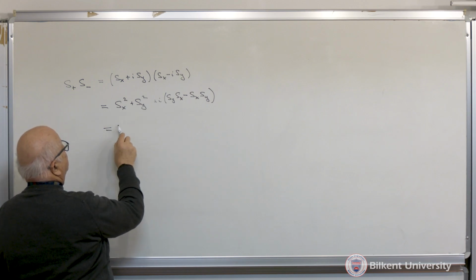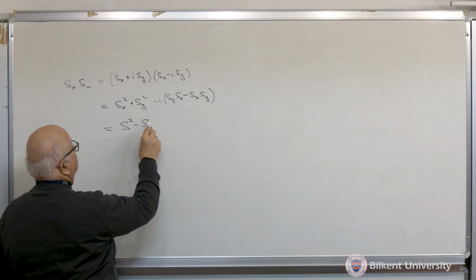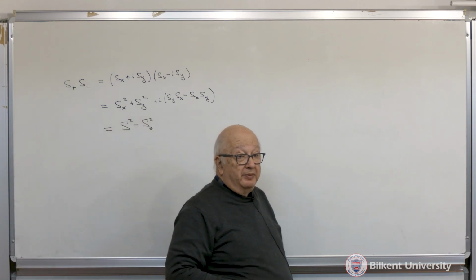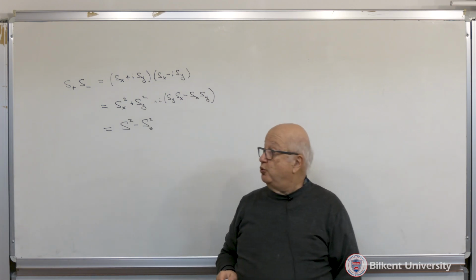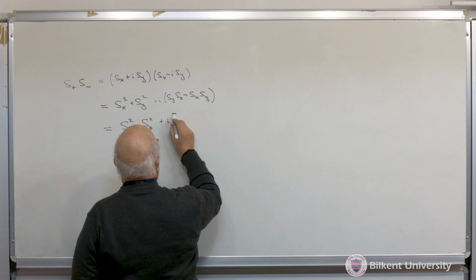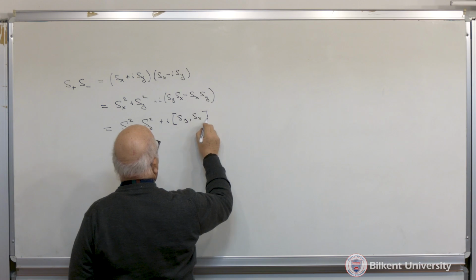This piece I'm going to write as S squared minus S_z squared. So it's almost S squared, but it's missing an S_z squared. And then I have plus i, commutator of S_y with S_x, so it's in the wrong direction.